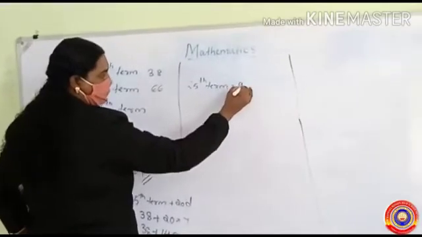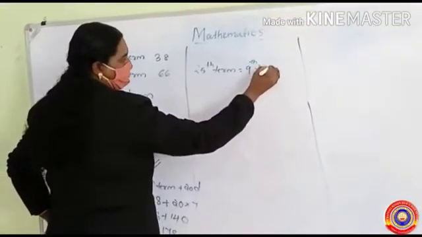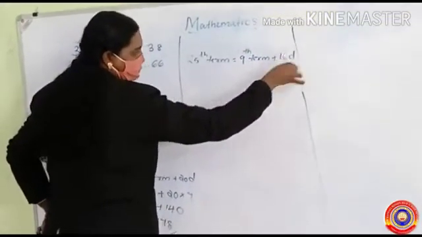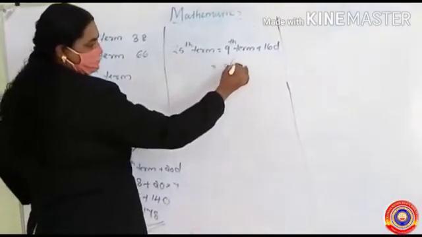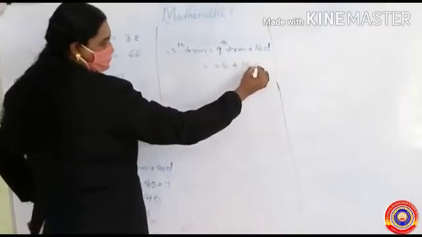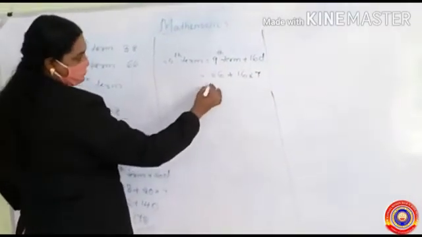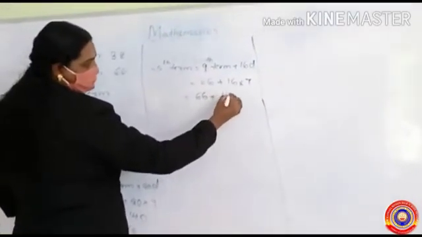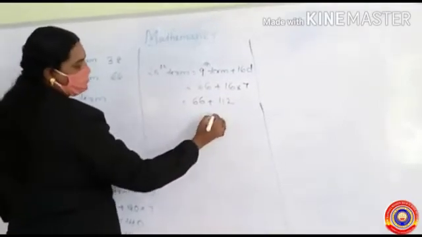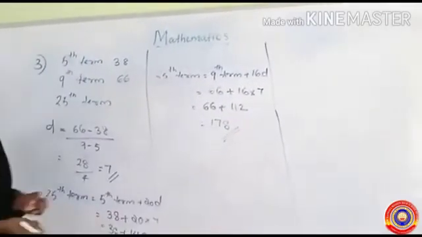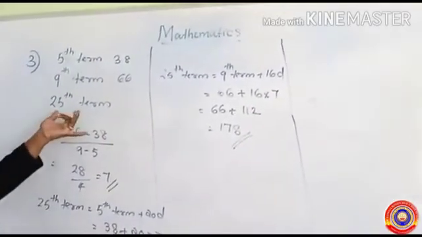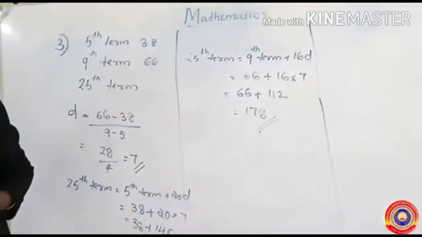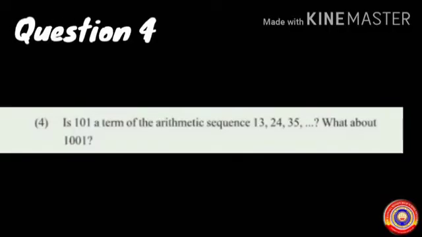That means 25th term is equal to 9th term plus 16d. It is equal to 66 plus 16 into 7. It is equal to 66 plus 112 and it is equal to 178. So we got 25th term as 178.